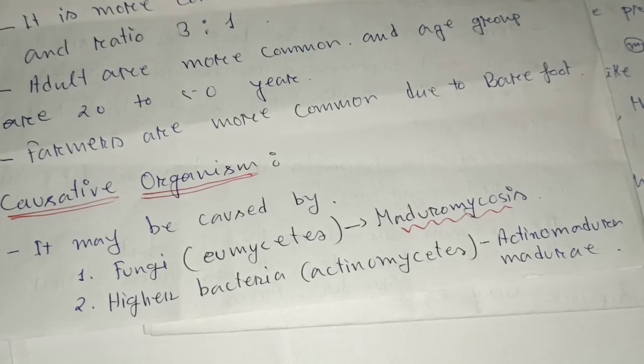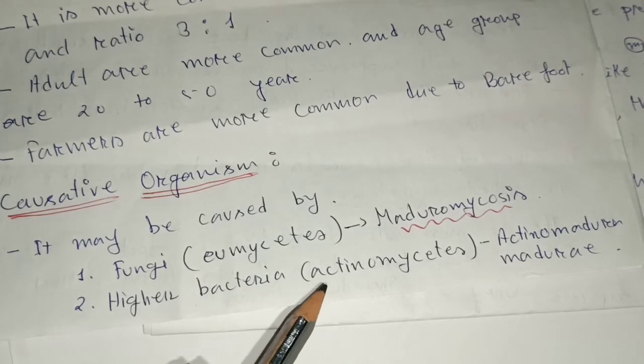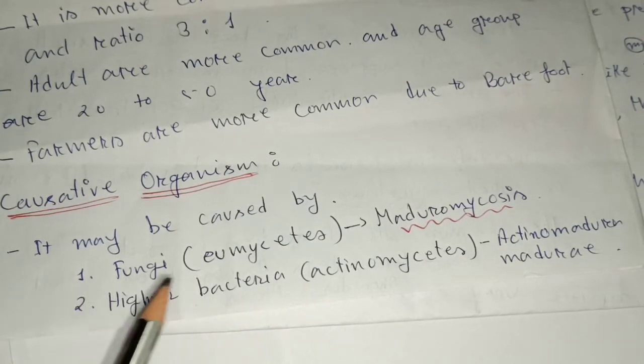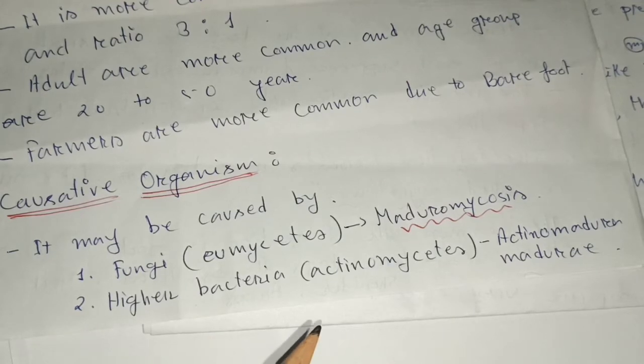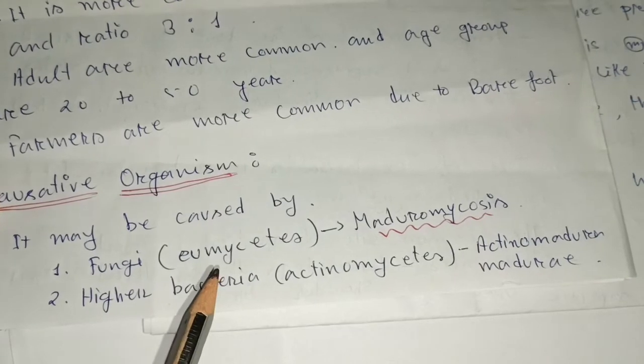When the fungus infects our body and forms the mycetoma, the organism is called eumycetes, and when the mycetoma is caused by bacteria, the organism is called actinomycetes.